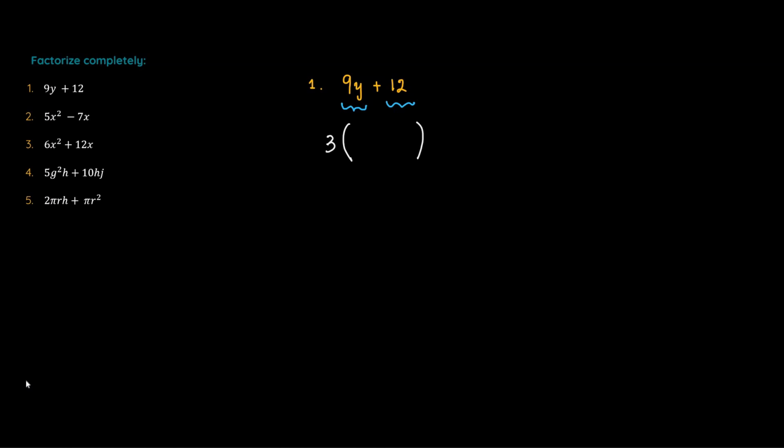In this case, if I take 3 out common from the term 9y, 9y can be interpreted as 3 times 3y. If you take this 3 out common, that 3 is not there anymore in that algebraic term. So what remains is this 3y.